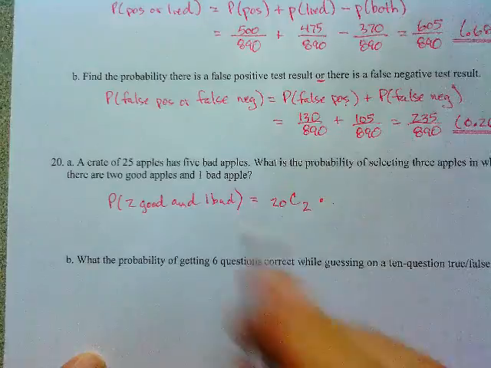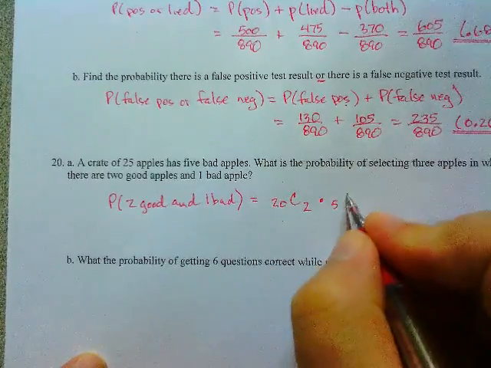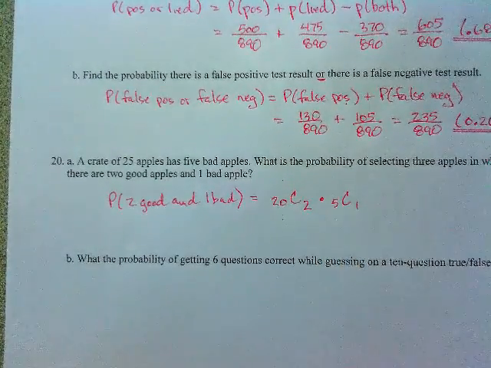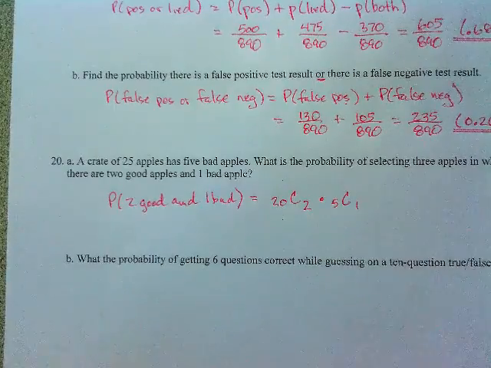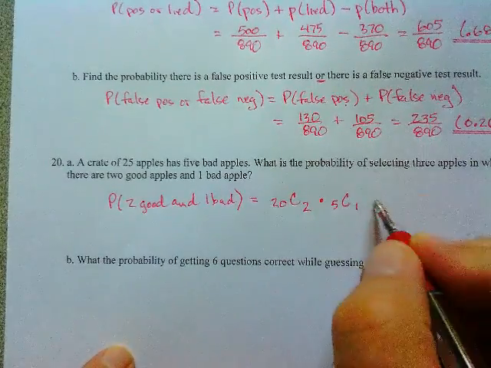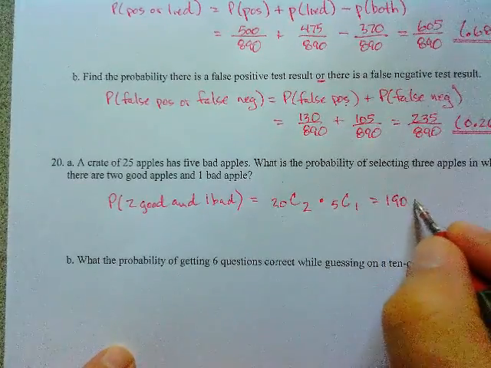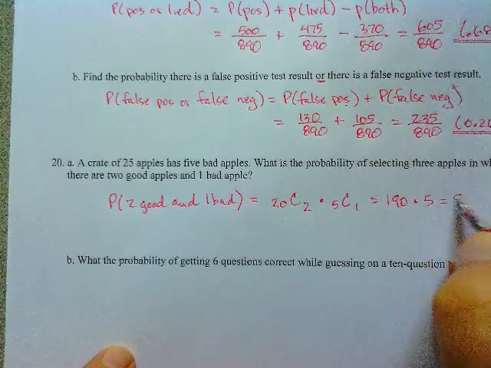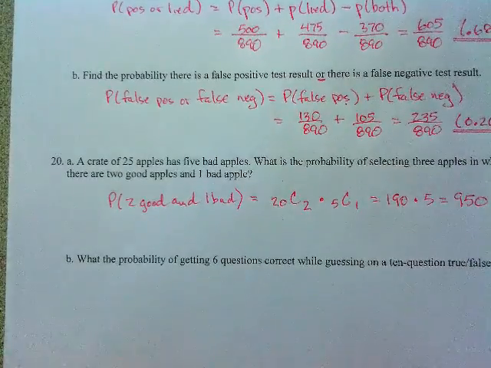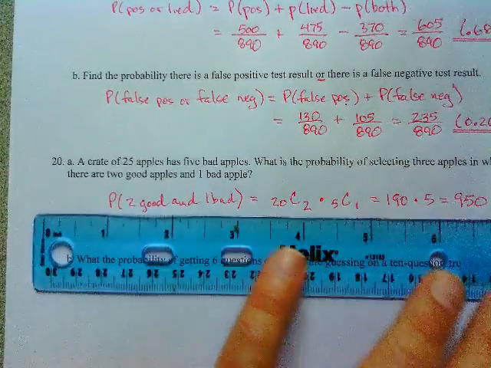Now, I have 5 bad ones, of which I want to pick 1. And it doesn't matter which of the 5 I pick. So again, it's an nCr type. The 20C2, that's 190. The 5C1, that's 5. And so we end up with 950 ways.